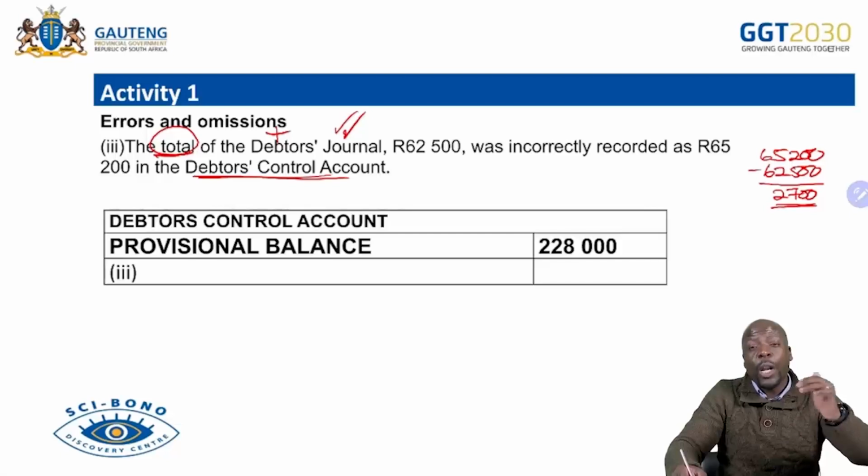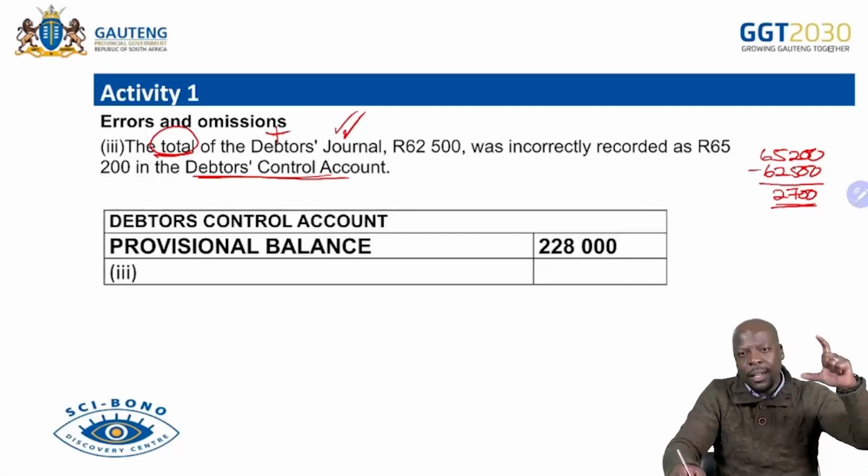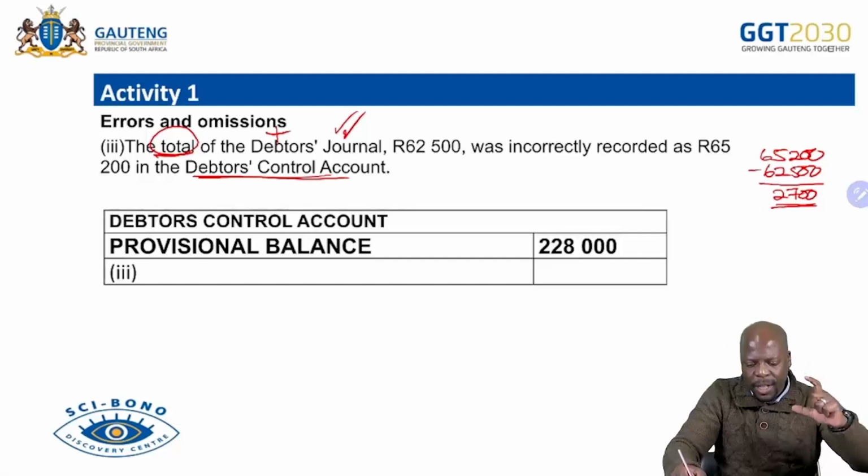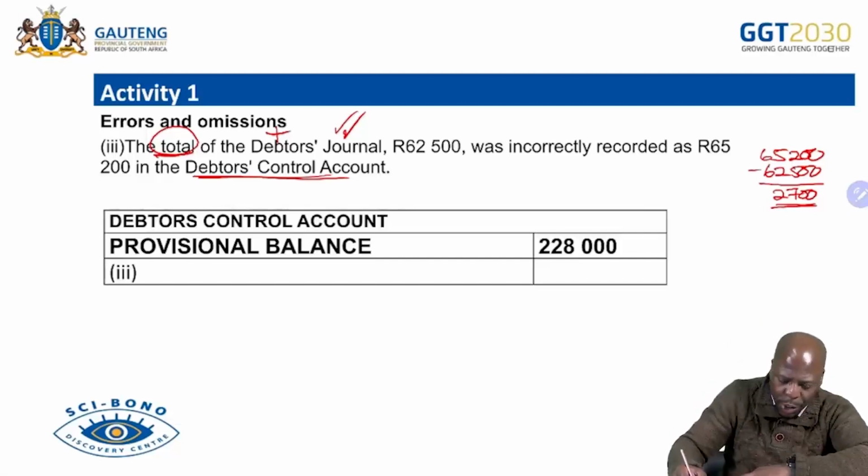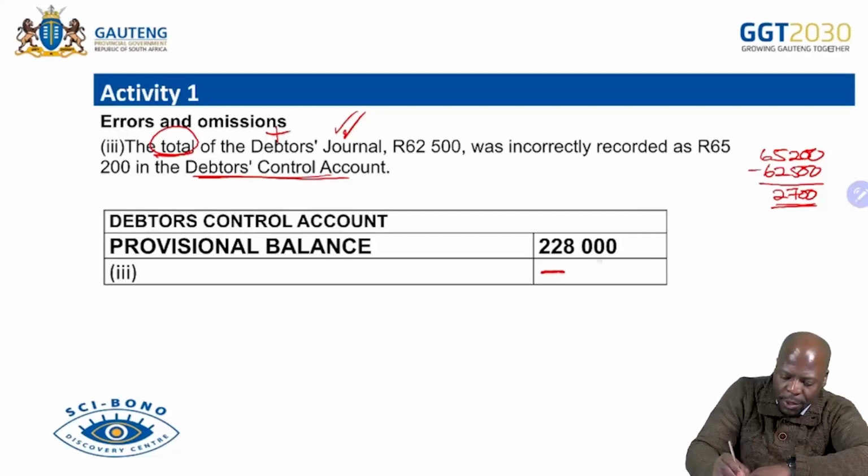This is where we record all our sales. What it simply means is our sales are overstated. And once our sales are overstated, we need to subtract, we need to reduce. And according to the instructions of the examiner, it should be a minus. And how much are we going to subtract? We're going to subtract 2,700 rands.